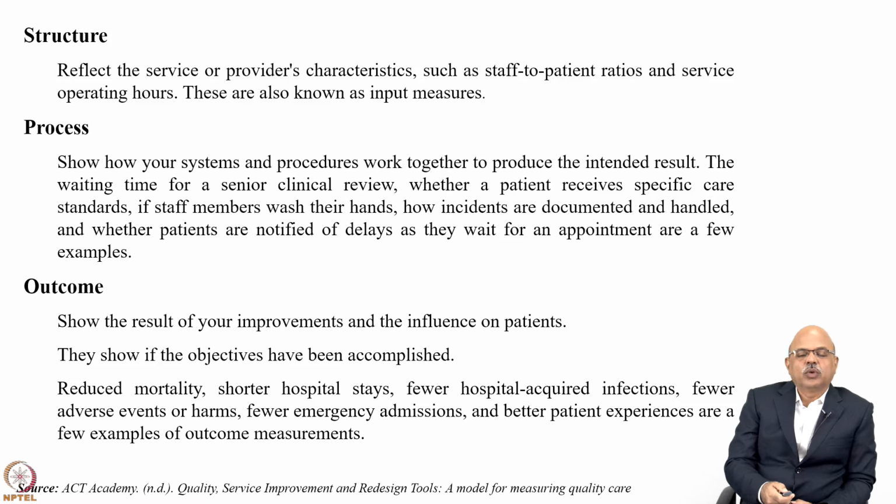So we have a lot of trajectories: adverse events, hospital acquired infections and increased length of stay. Sometimes fewer emergency admissions and better patient experiences are a few examples of outcome measurements. We see that key outcomes can be measurable. Likewise, processes and structure are also measurable.